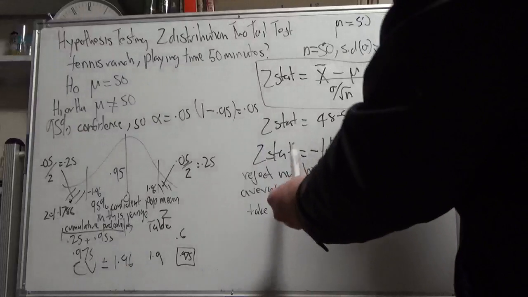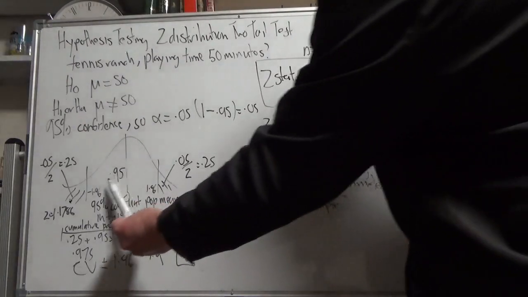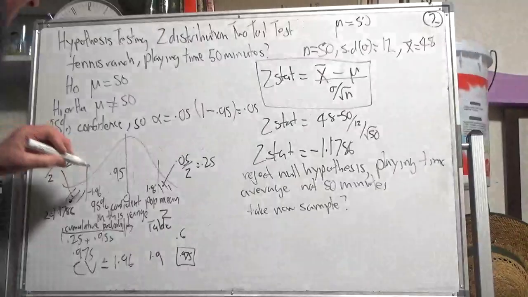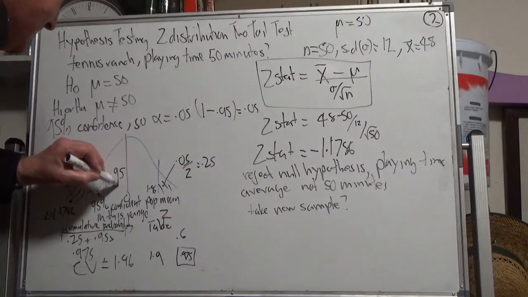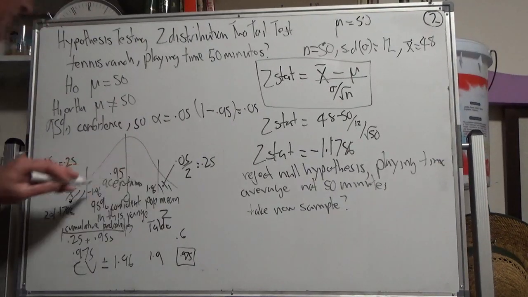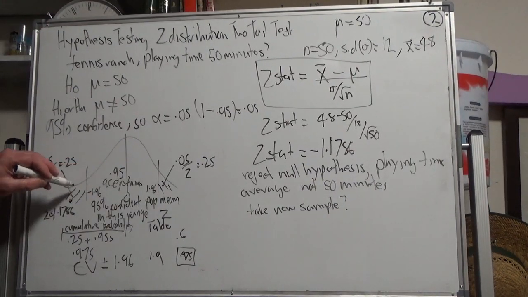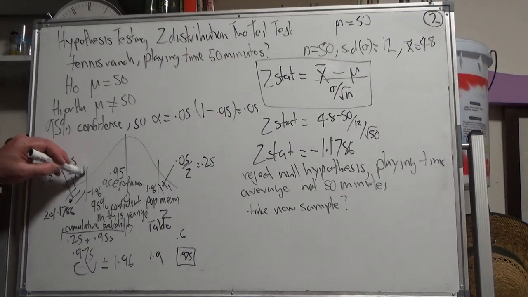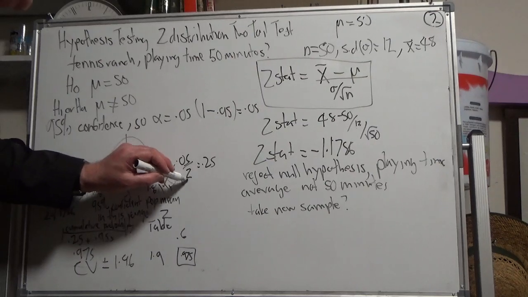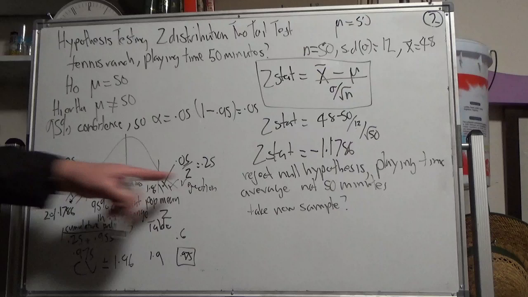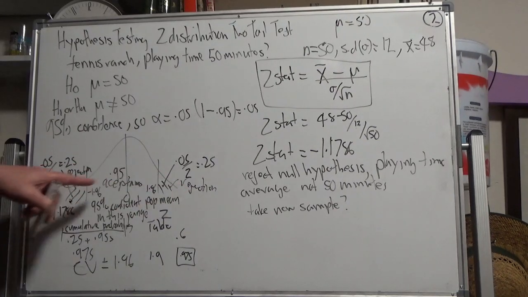But if the Z statistic had have fallen in that range, what's called the acceptance region, so that's the acceptance region from that critical value to that critical value. And those are your rejection regions, okay? So you reject the null hypothesis if your Z critical value falls in the rejection regions.